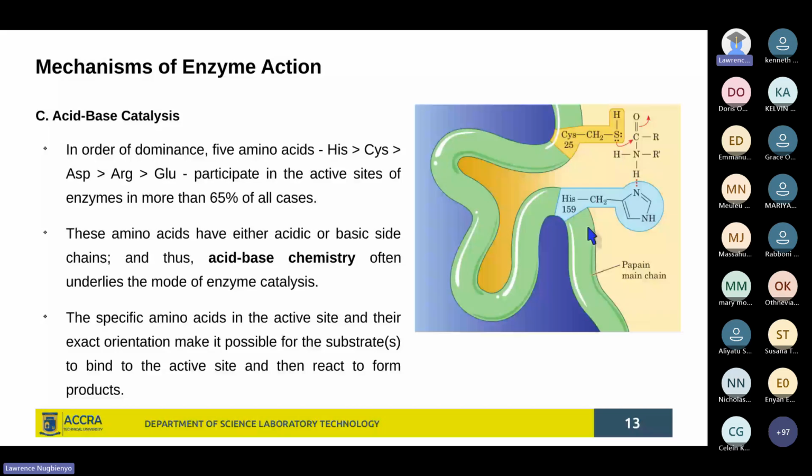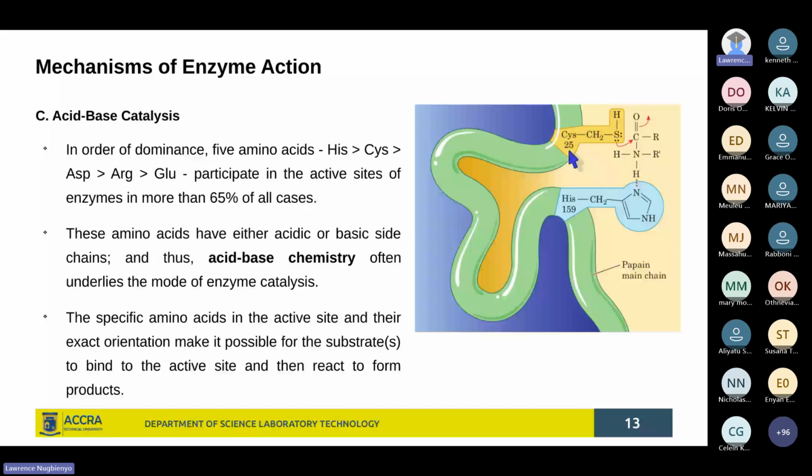Now we see at the active center of papain, which is shown here, we have a cysteine residue. That's an amino acid. And if you take a protein, the protein is made up of amino acids, and if you look at the primary structure of the protein, you have sequences of amino acids. So you can say this amino acid comes first, this one comes second, this one comes third, all the way.